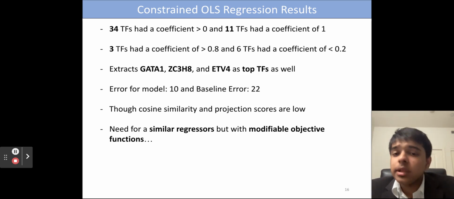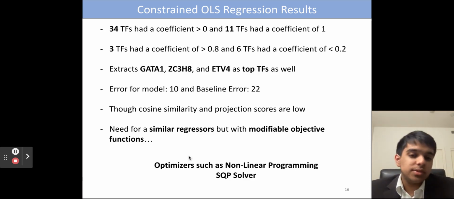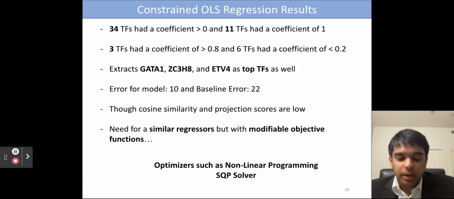So it's the Euclidean distance rather than cosine similarity or projection score. So we needed a similar gradient-based regressor with a modified objective function. For that, we used an optimizer, a nonlinear programming SQP solver, and it gave us very similar results, and again, surprisingly less than the greedy algorithm.